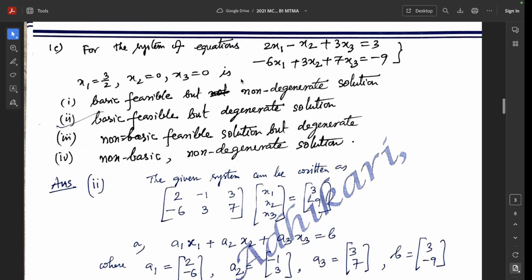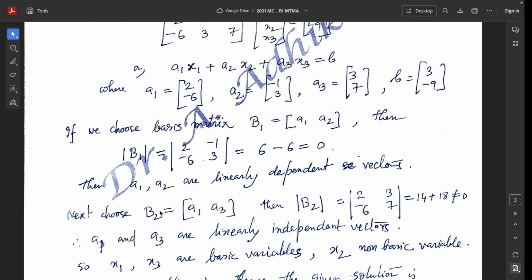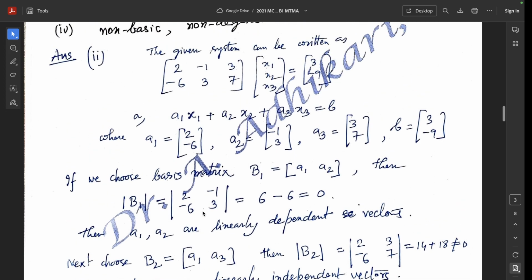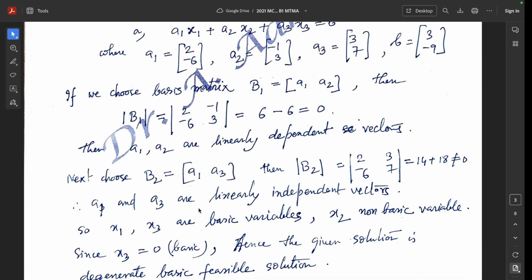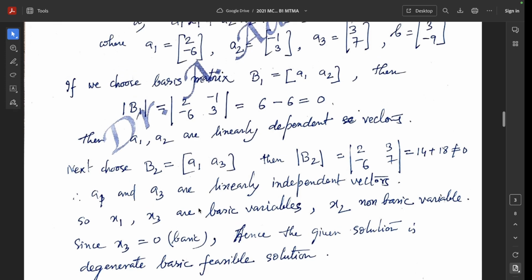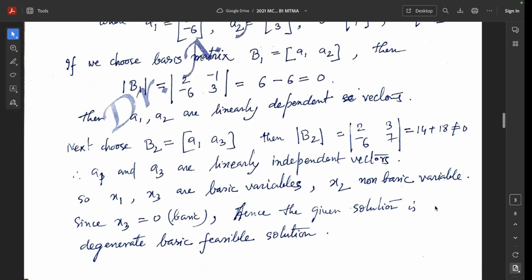Next we choose x2 as the non-basic variable. So consider the basis matrix B2 equal to [a1 a3]. Now the determinant of B2 is not equal to 0, so a1 and a3 are linearly independent vectors, and x1 and x3 are the basic variables and x2 is the non-basic variable.